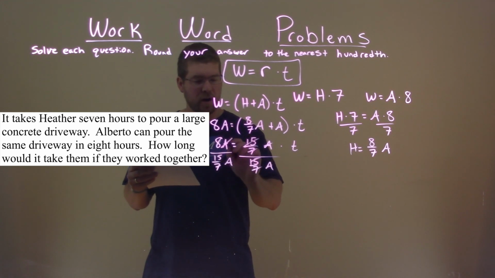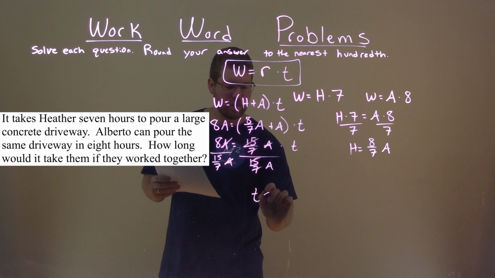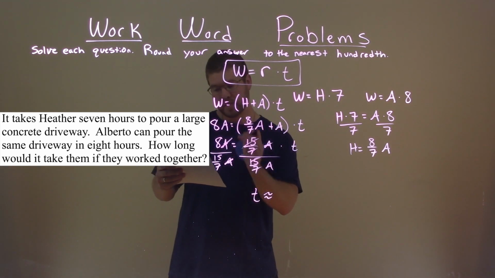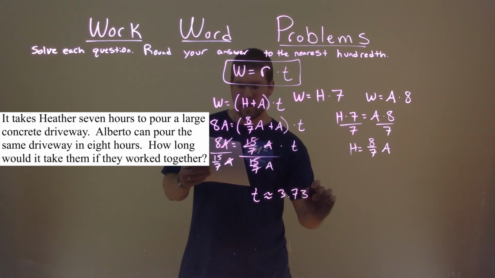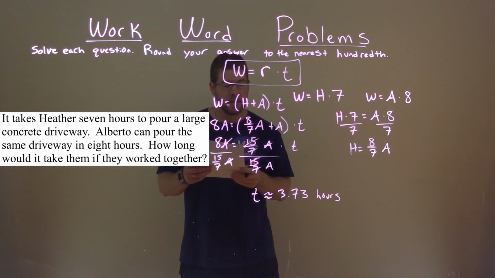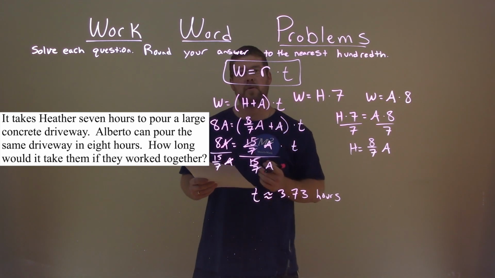On the left side, our variable A cancels, leaving us with T equals approximately 8 divided by 15 over 7, which is approximately 3.73 hours. And there we have our final answer. If they worked together, it would take them approximately 3.73 hours.